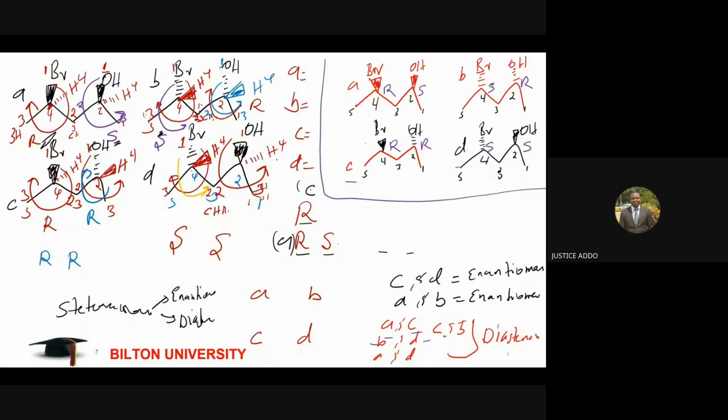So those ones are diastereomers. So that's sometimes how you can identify enantiomers and diastereomers, and also how you can give them RS configuration.